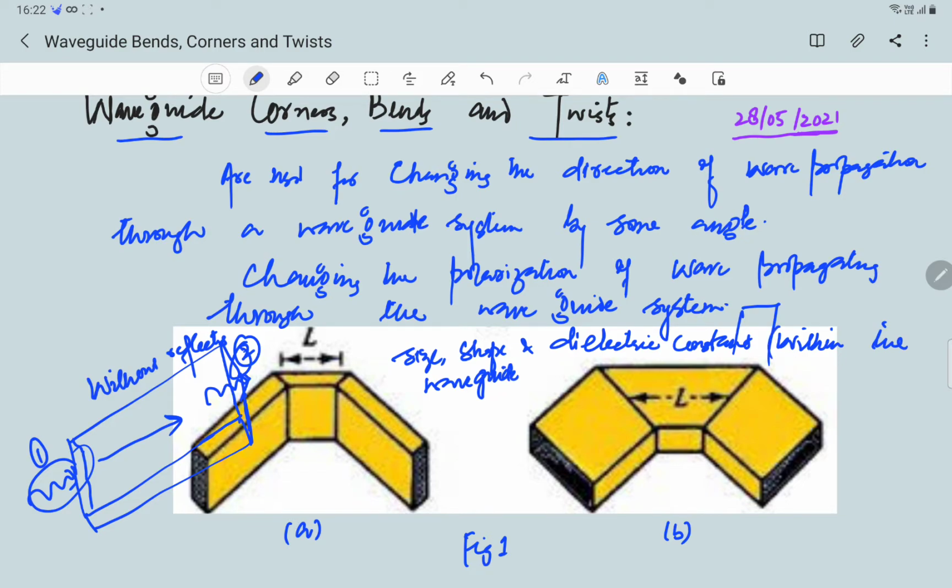because the waveguide is a hollow rectangular tube in this case, and it's usually filled with some dielectric. So the dielectric within the waveguide must all be constant throughout the length of the waveguide.